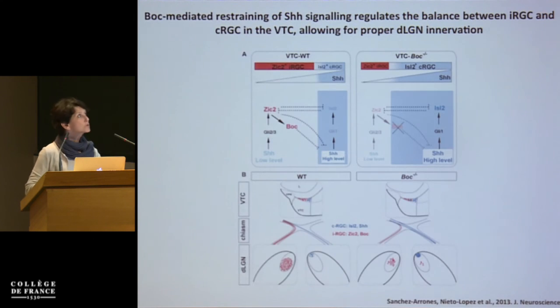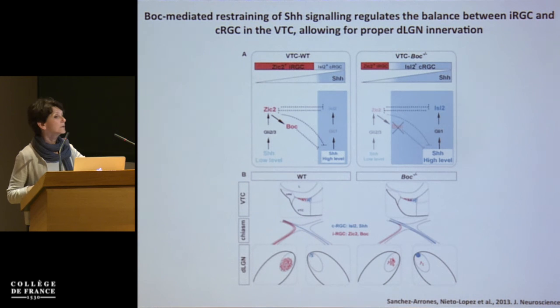So we got to the conclusion that Boc, in a very similar way to what we observed with Kidon, mediated the restraining of sonic hedgehog signaling in the VTC, somehow regulates the balance between ipsilateral and contralateral projecting cells. And this, I won't show you the data, has a strong impact on the innervation of this axon to the lateral geniculate nucleus where these cells project.